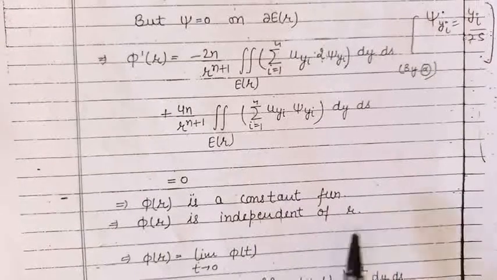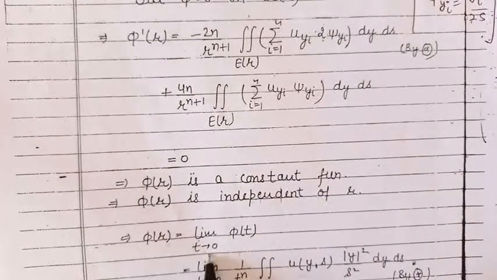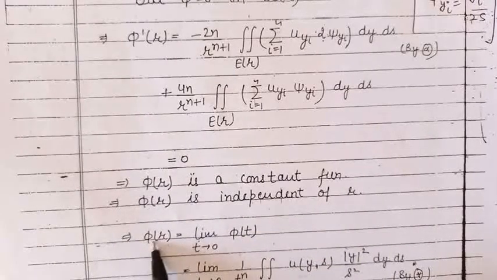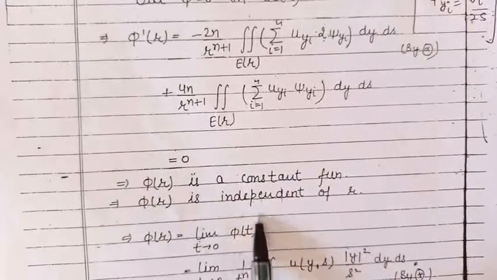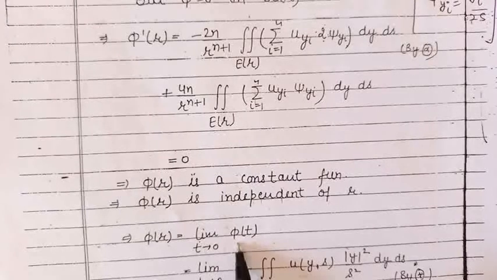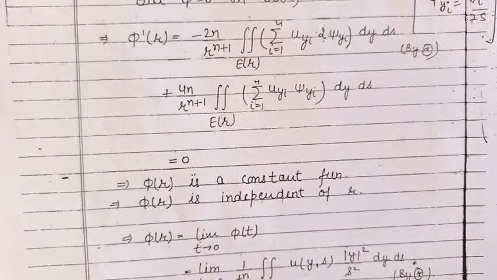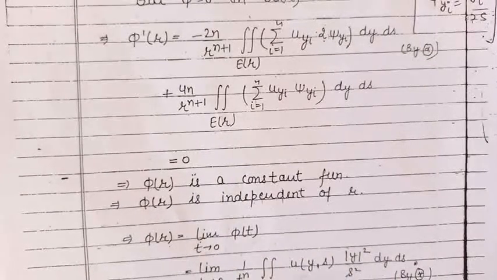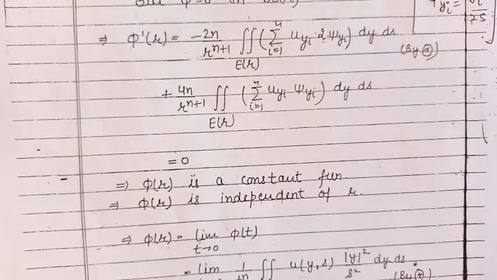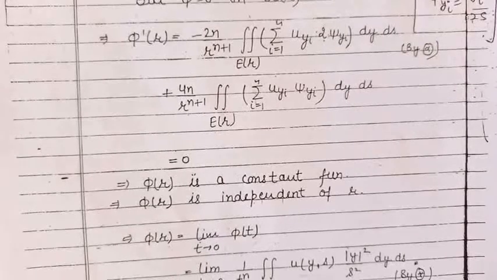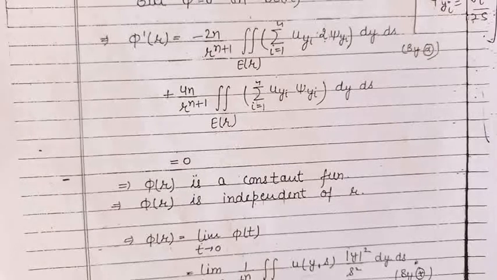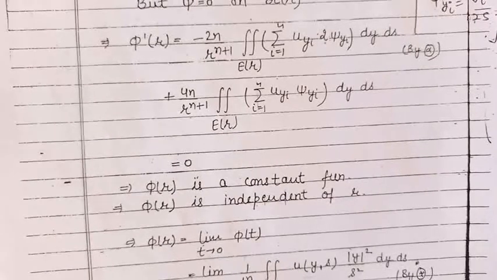And therefore we can say that as t approaches 0, the limit of the function phi t will become phi r. Now let us put the value of phi t by the definition of function phi, which we have defined in the first step. So putting the value here and applying the limit as t approaches 0, this will become the value of u at the point 0, 0 into the limit as t approaches 0 of 1 upon t to the power n into the double integral |y|² upon s².